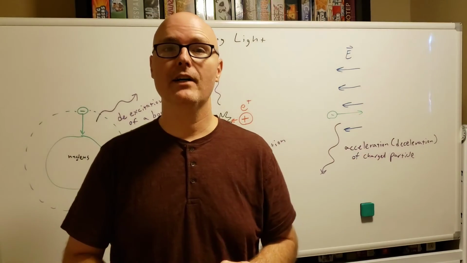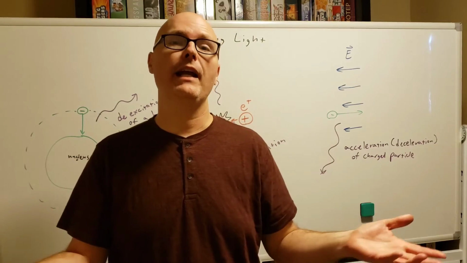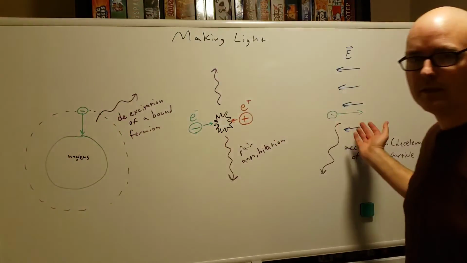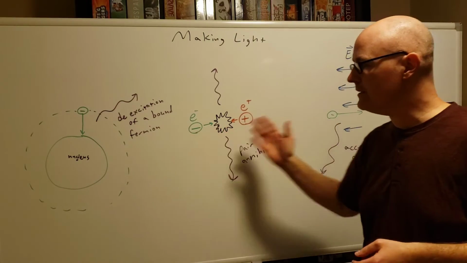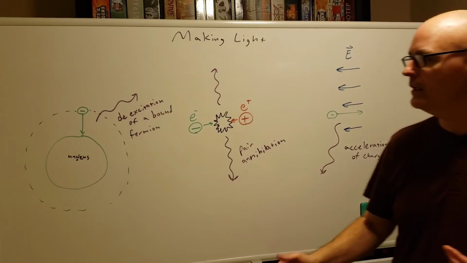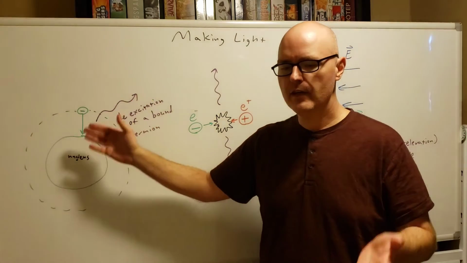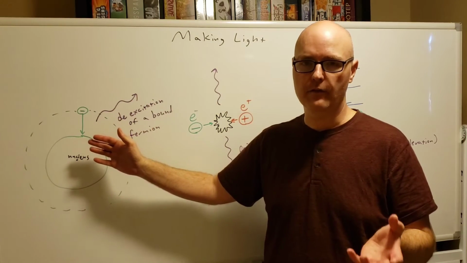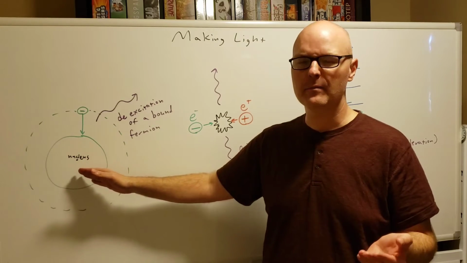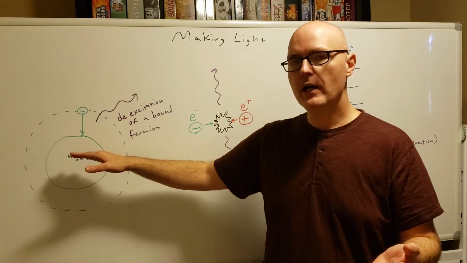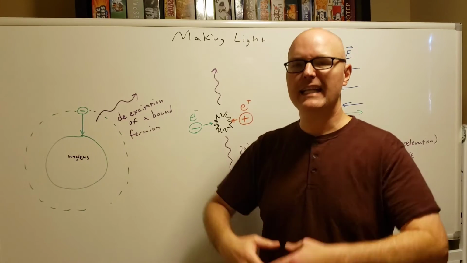All right, so now I'd like to talk about how we can create photons. So how are photons created? I got 3 cases on the board here of ways that photons can be created. I can have de-excitation. So if I have a bound system of fermions, for example, an atom, the fermions can get excited, right?